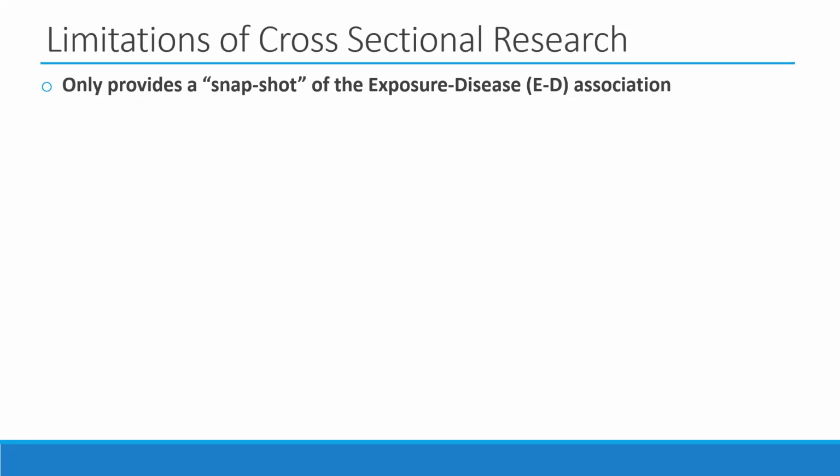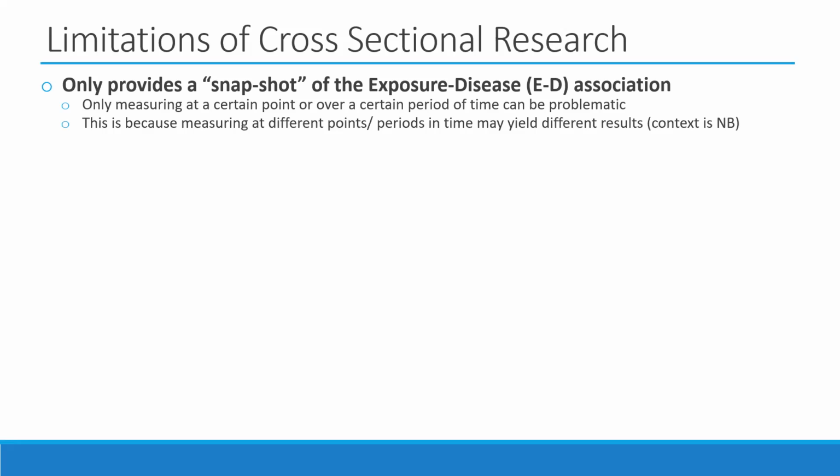However, you don't get the timing of the exposure and disease very clearly. Depending on exactly what you're trying to ascertain, it's not necessarily a problem, for example, we talked about differences in ethnic groups, but it can be a problem if your question requires the exposure to precede the outcome.